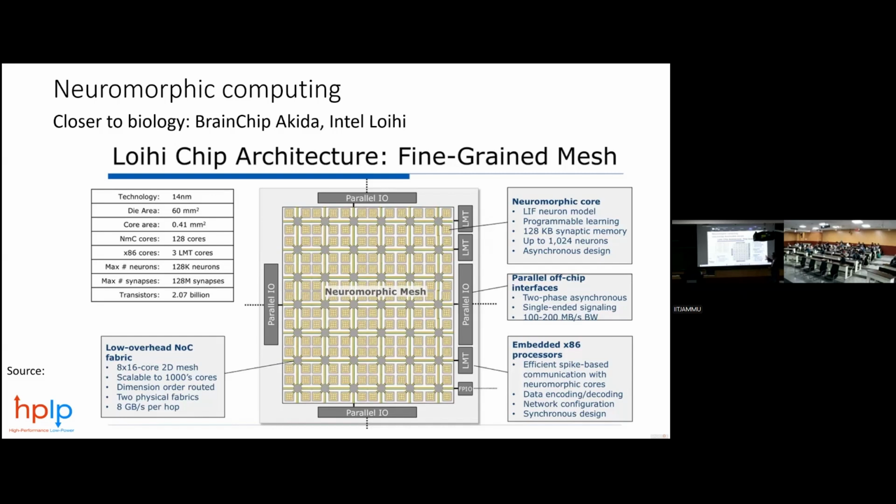And this is available both in hardware, in the cloud, on Intel facilities, and you can access them remotely, or you can use simulation. They have a simulator called Lava where you can work with this.